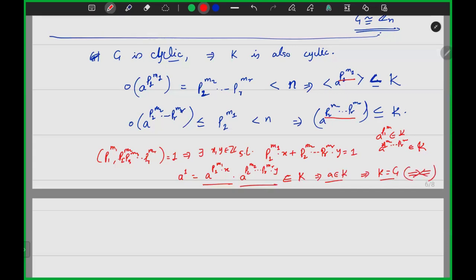If we have more primes, there is a problem, right?